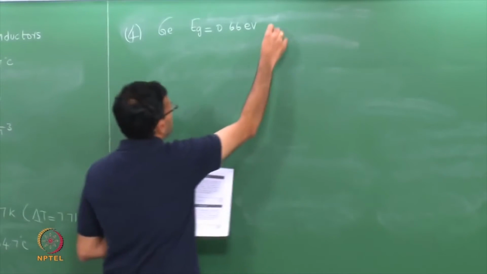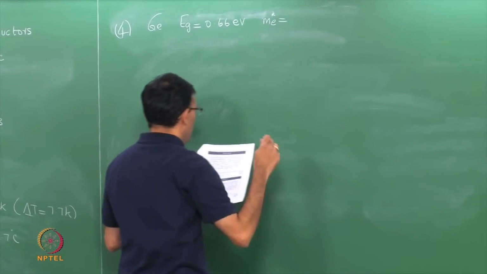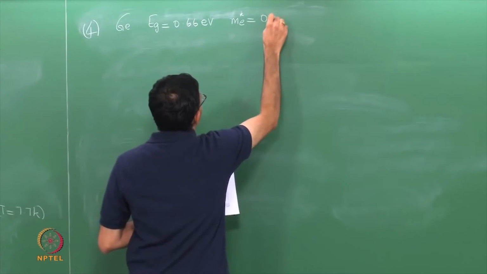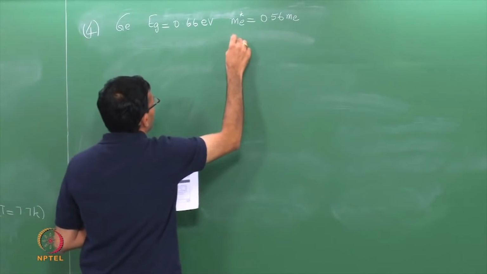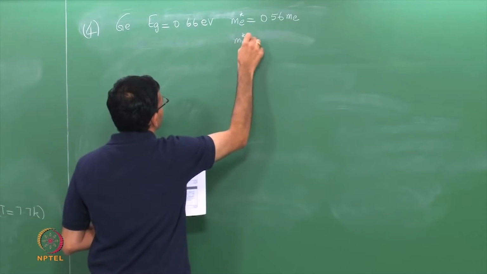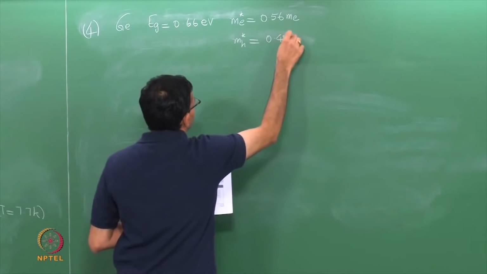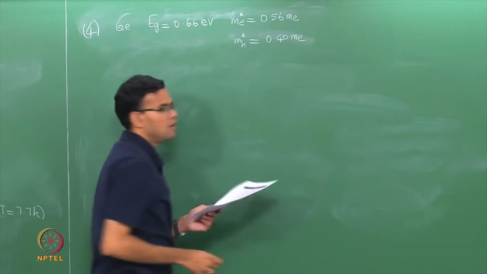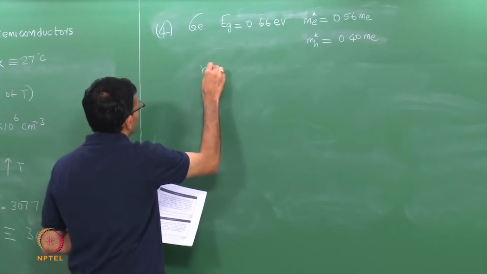In fact, germanium was the first semiconductor that was used. Me star is 0.56 Me and Mh star is 0.40 Me. So, we want to calculate Ni. So, the equation is the same.